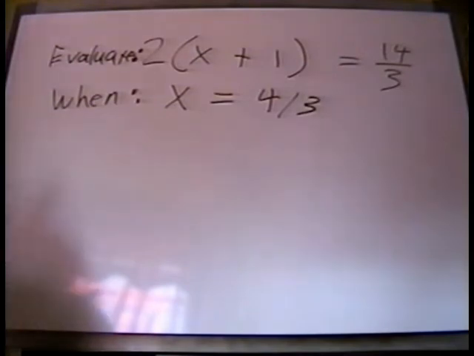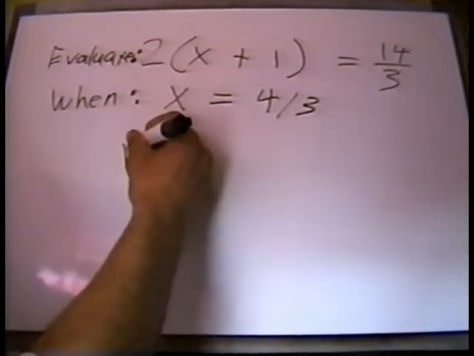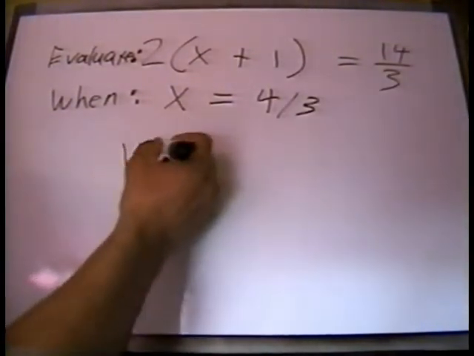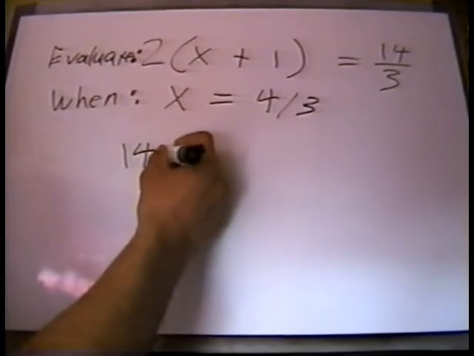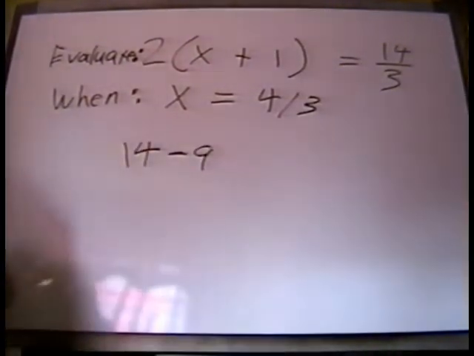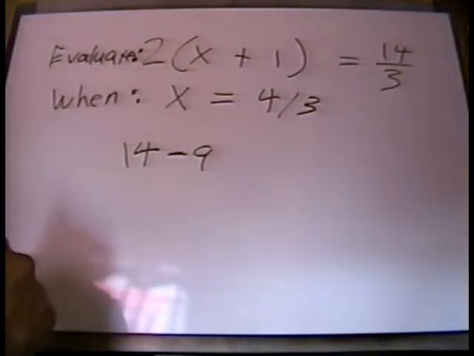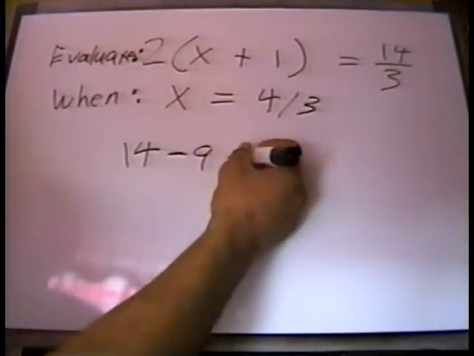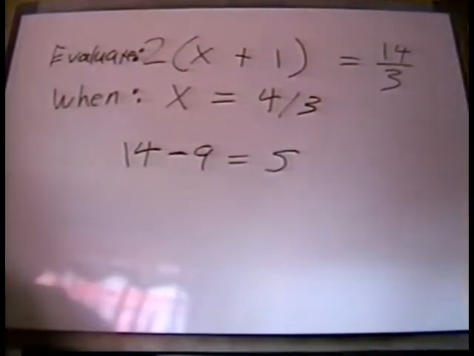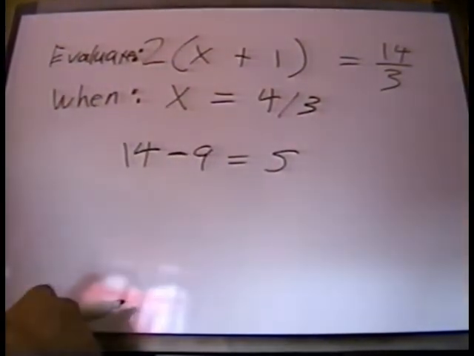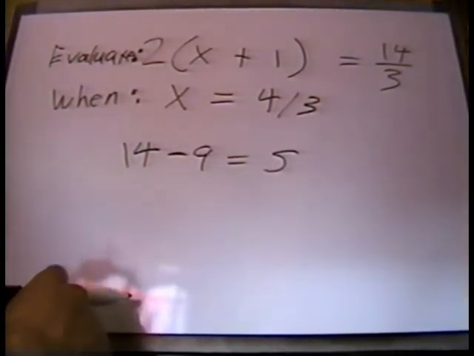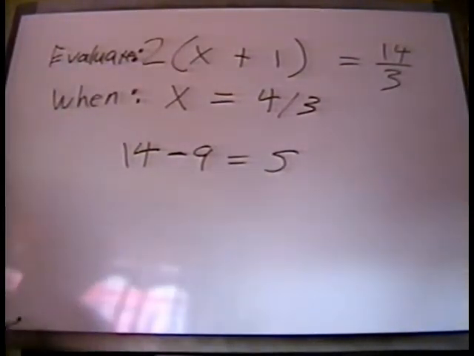Well, we know 14 minus 9 is 5. So 3 goes into 9 3 times, and 3 goes into 5 once.